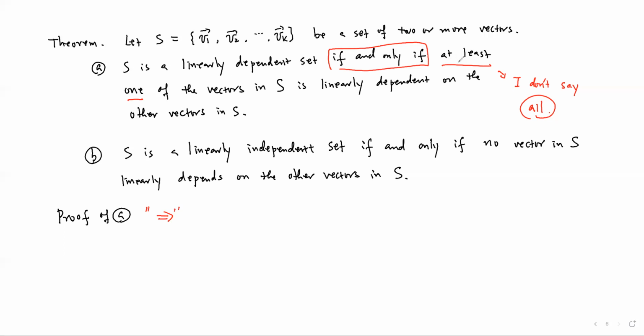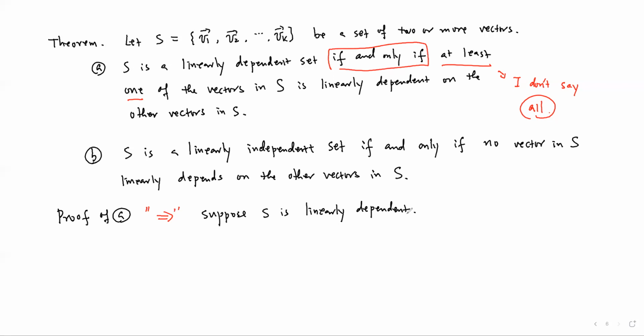Then I want to conclude that one of the vectors is linearly dependent on the other vectors. Suppose S is linearly dependent.